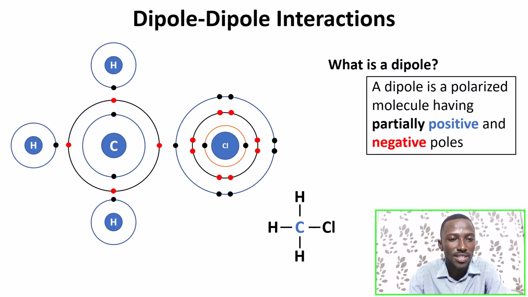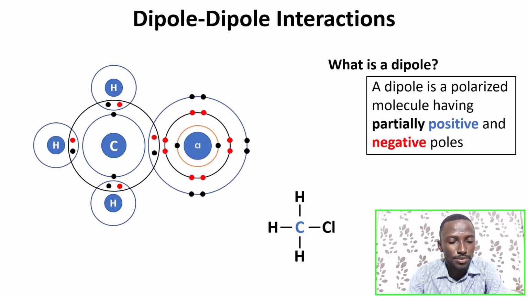To form chloromethane, the 3 hydrogens and chlorine overlap with the carbon to share pairs of electrons. So there are 3 carbon-hydrogen bonds and then 1 carbon-chlorine bond.